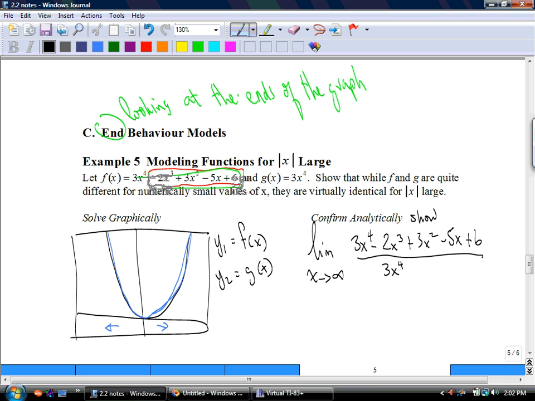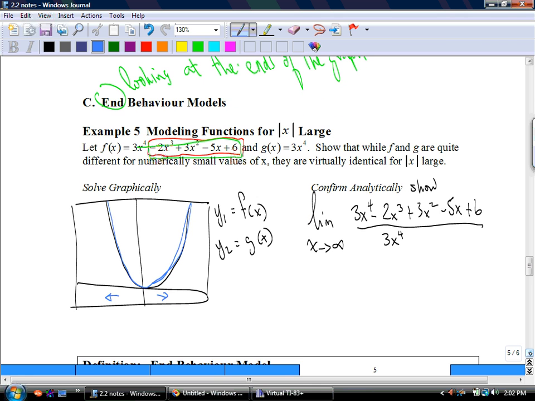So we're going to take the function f of x and divide it by g of x, and we're going to see what happens. If you look at the denominator, you can split it up over all of those terms.